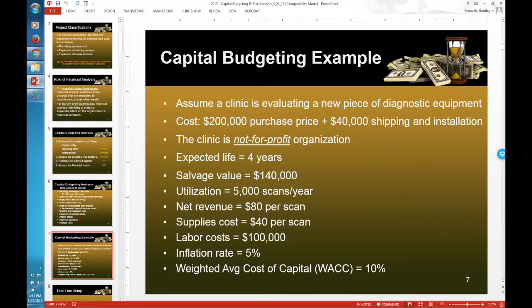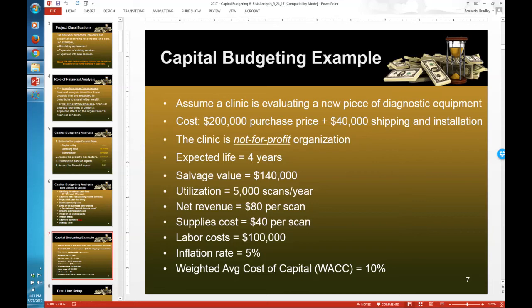So, just as an example, I put together a very short scenario involving a clinic evaluating a new piece of diagnostic equipment. It has a purchase price of $200,000. There are shipping and installation costs of about $40,000. This is a not-for-profit organization, so that implies we're going to set aside taxes for the duration of this project at least.